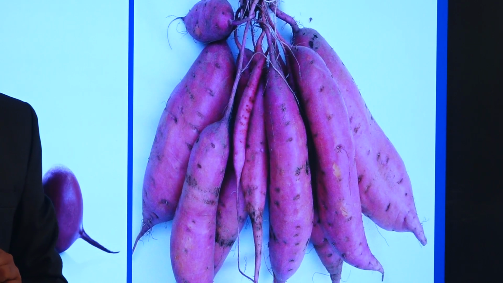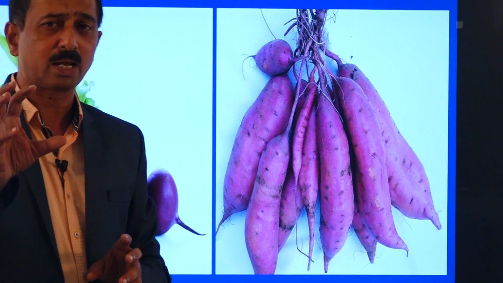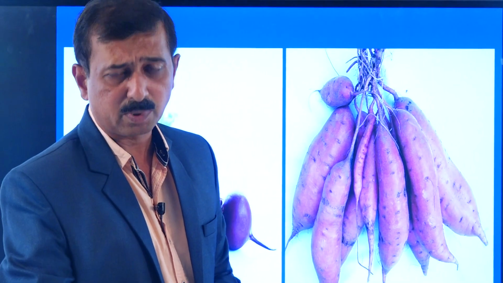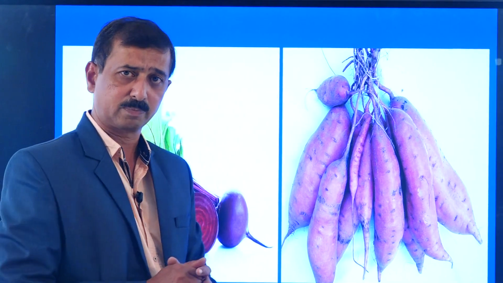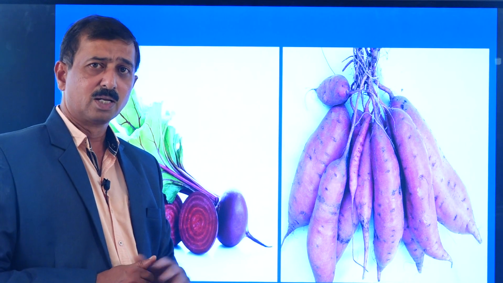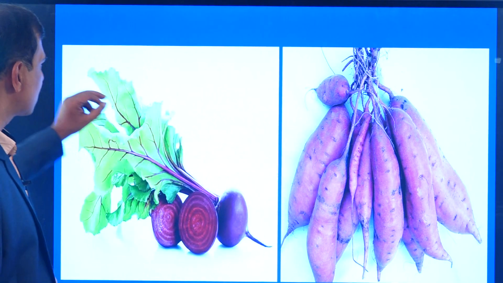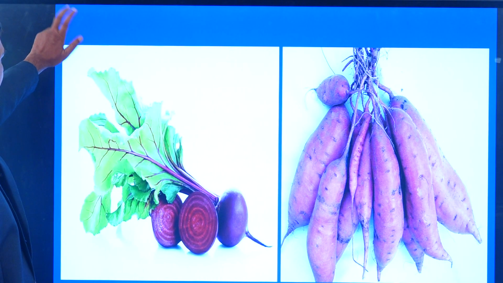They show a spindle shape or bulged like potato or bulged like radish or even beetroot. Hence, the sweet potato shows different shapes, but the function is storage of food. So, this is regarding modification of root for storage of food.